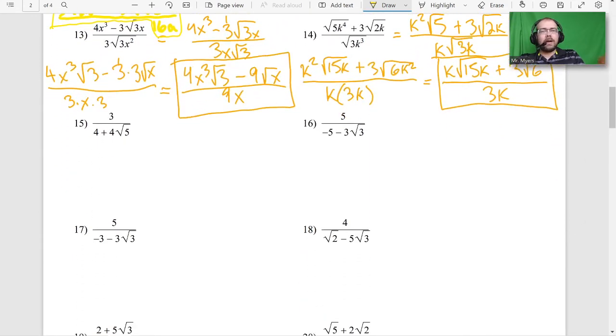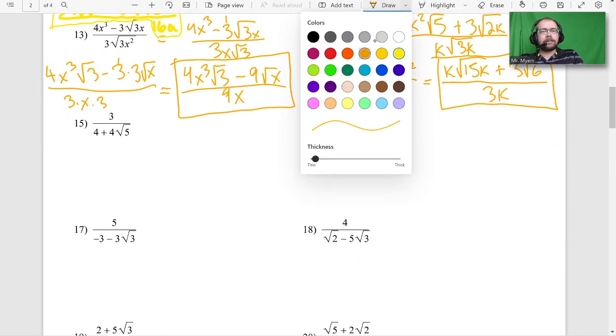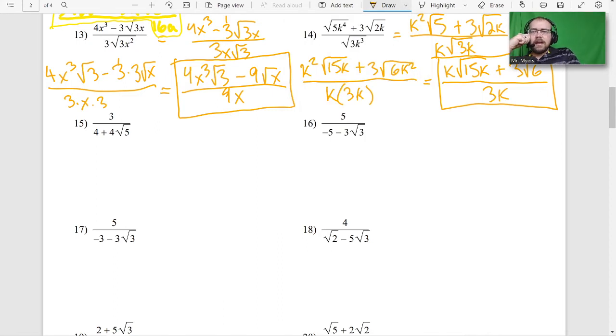All right, so go back to orange here. And okay, so this time, ooh, they ramped it up again. If I just multiply by the square root of 5, it's not going to be good enough because I have to multiply it by everything.